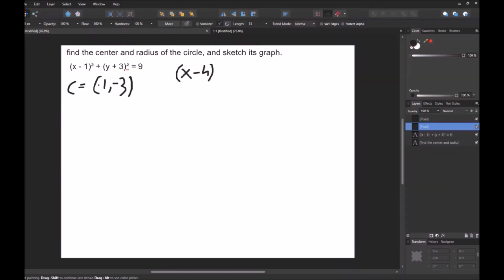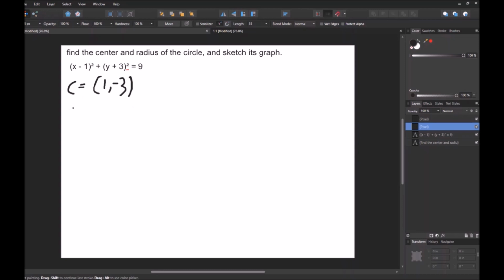Meaning that if I wrote the center as negative 1 comma positive 3, then when I did this x part, I would get x minus a negative 1, which is x plus 1, which is not correct. So instead we write it as the opposite of what you see in here.